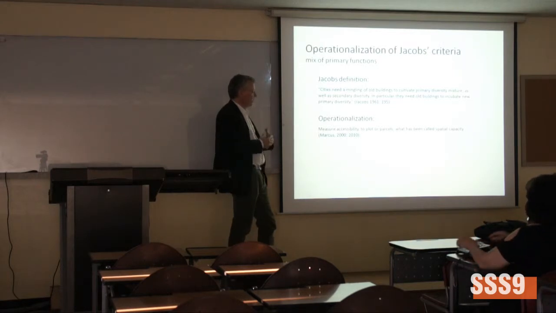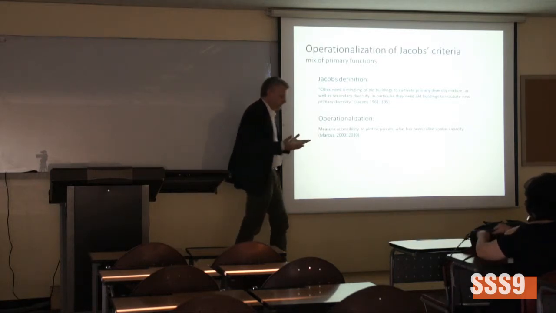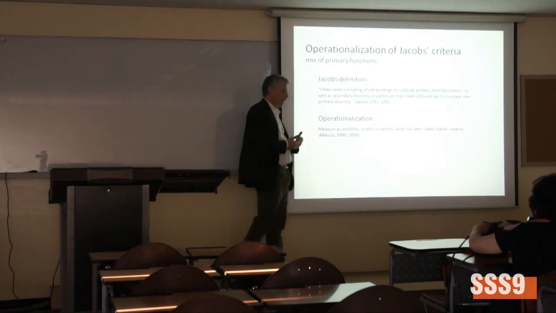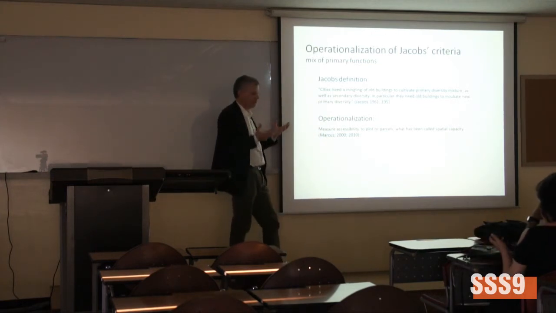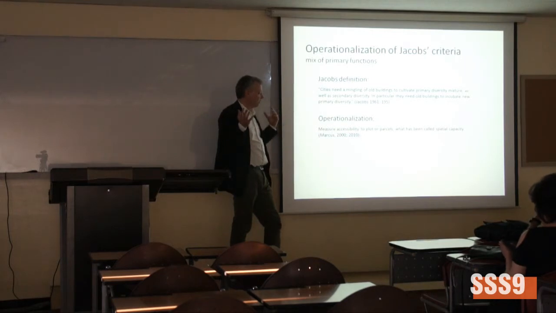And of course, it could be argued that in areas where you have accessibility to a large number of different parcels, you are likely to also have accessibility to different agents in the city, different owners and disposers of these different parcels.